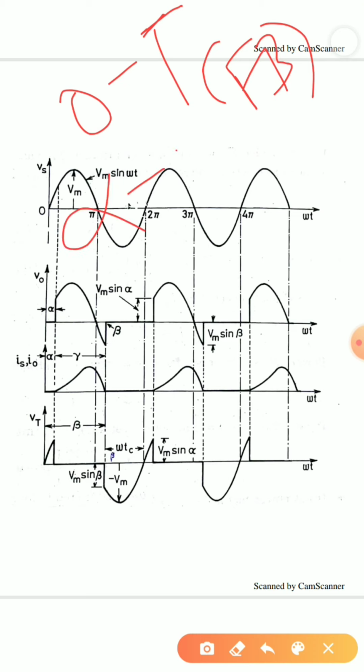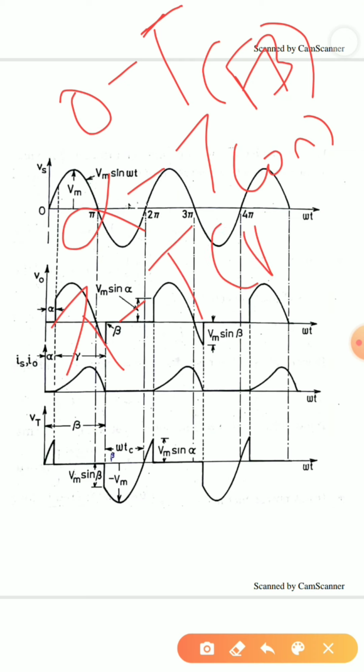When I give the firing pulse at alpha, my thyristor turns on, then up to pi it will conduct, and at pi my thyristor becomes reverse biased.